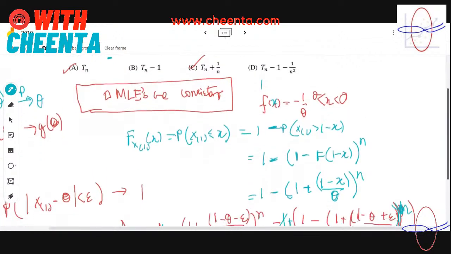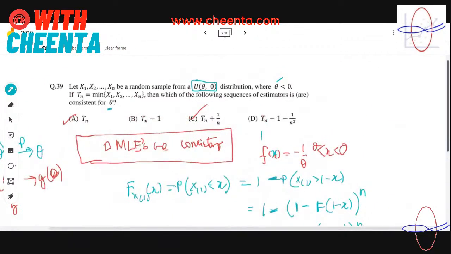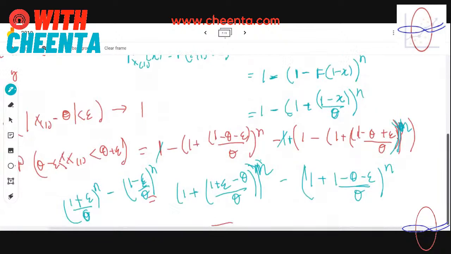Theta is less than 0, so we don't even know the value of theta. How can we tell this? Not sure. Did we do this correctly?